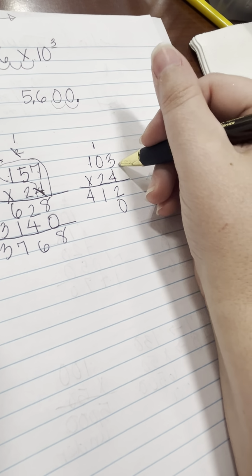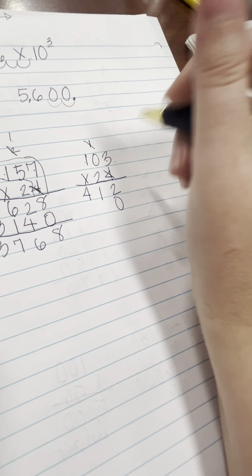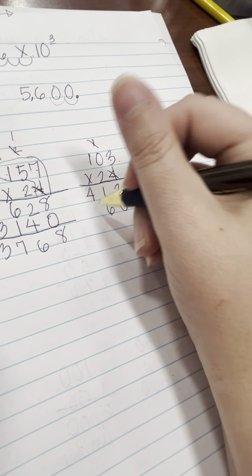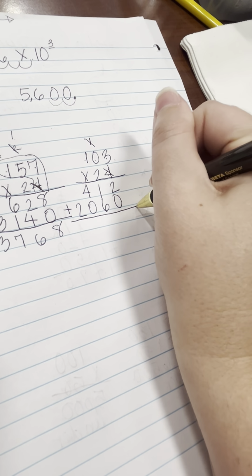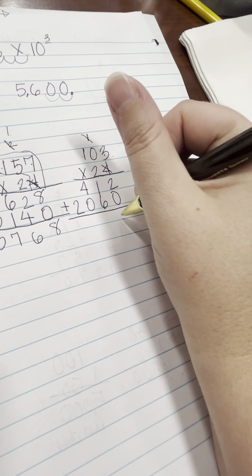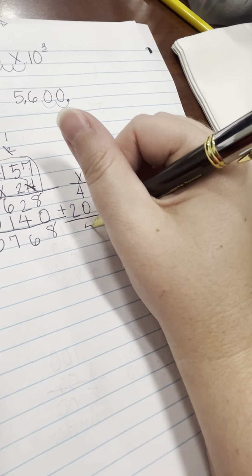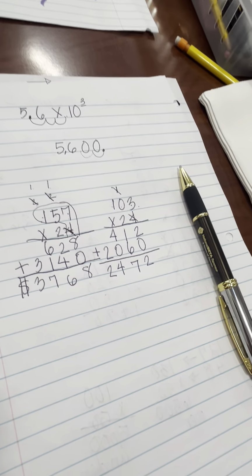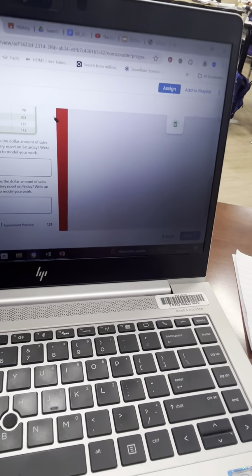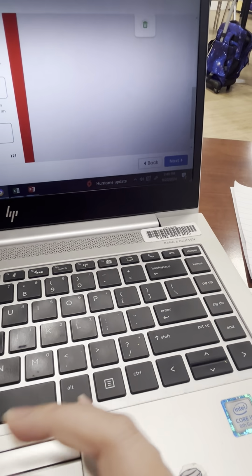And then 103 times 2, because I'm done with this and done with this, would be 206. Add it all together. It's 2, 7, 4, 2. There you go, 2472. And that would be the end of this page. Next page.